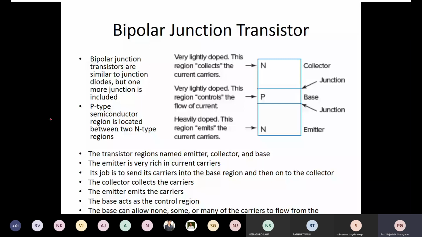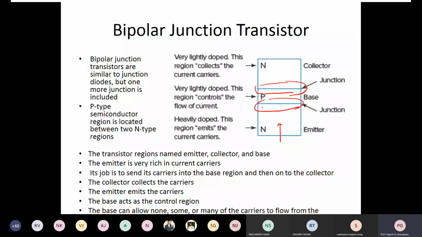So bipolar junction transistors are similar to junction diodes, but there is one more junction which is included. We only had one NP or PN junction earlier, the junction we had in the case of the diode. But now we have an additional junction because there is one more section of semiconductor metallurgically joined to this part.